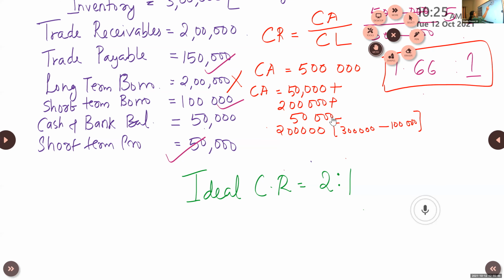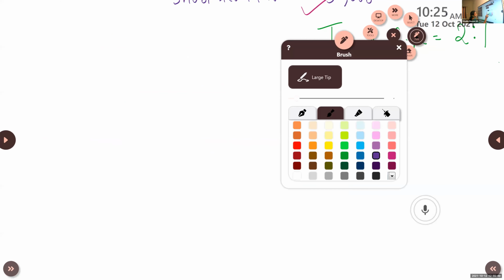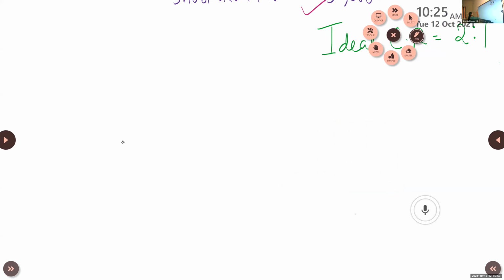Now the next question. Question number 2. Total assets is equal to 8 lakh.